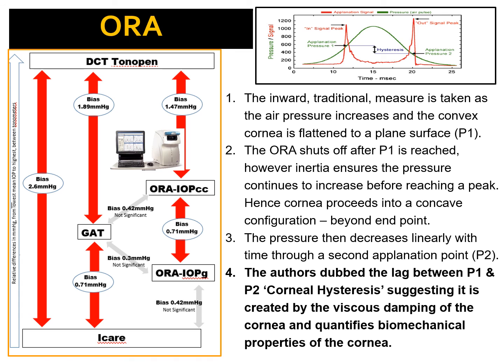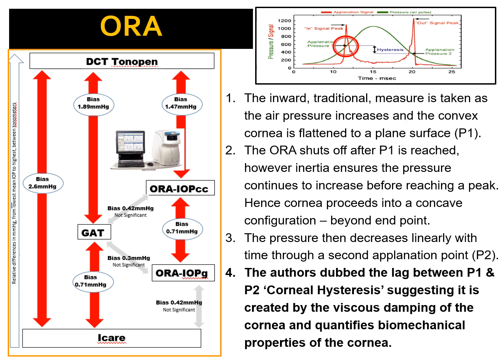These two, Luce and Taylor, found, Luce in particular, I think, the inward, so you're doing applanation with an air puff tonometer. So you're increasing the air pressure to applanate the cornea. And the inward applanation measure is taken as the air puff increases and the convex cornea is flattened to a plane surface. And that's P1.